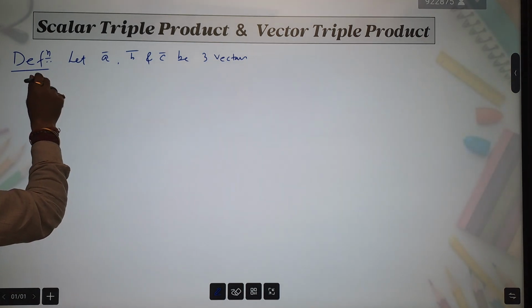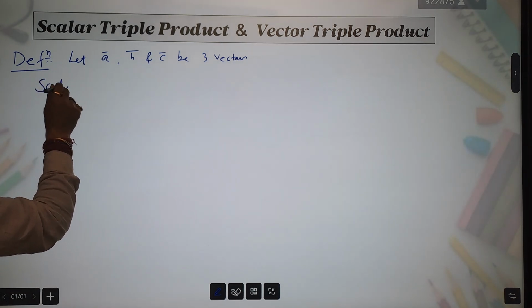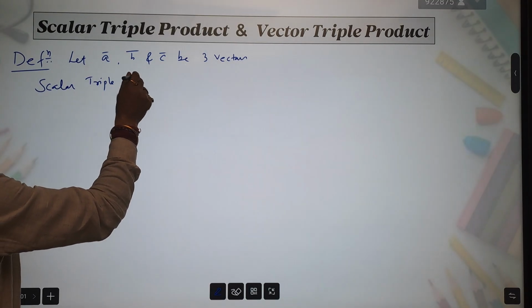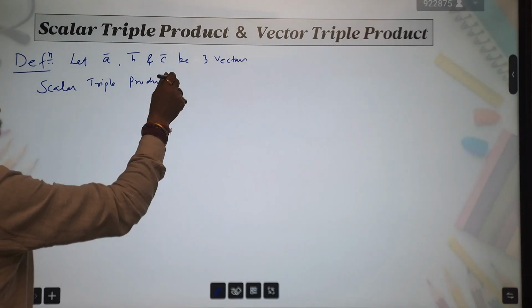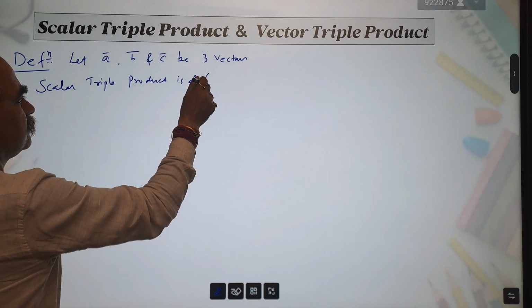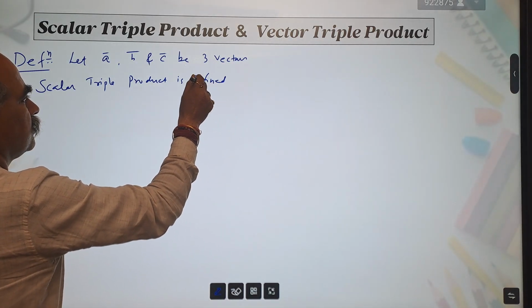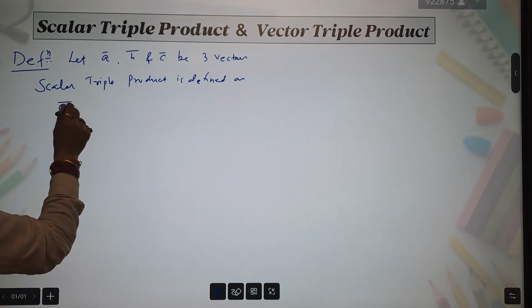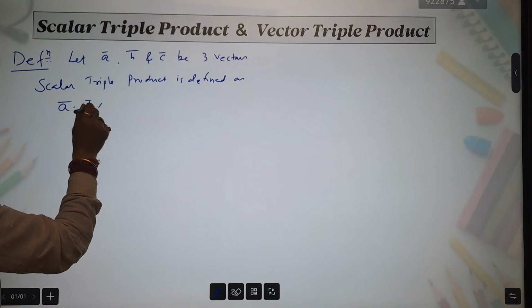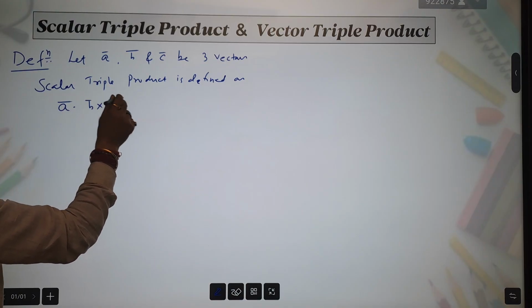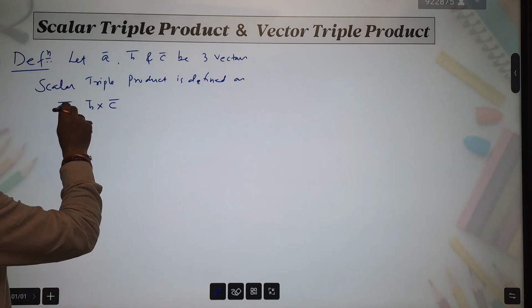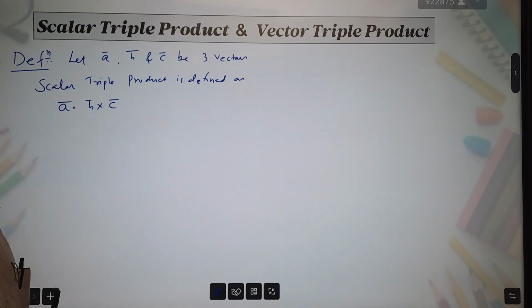A scalar triple product is defined as A bar dot B bar cross C bar. So in this case, first we will take cross product and then we'll take dot product.